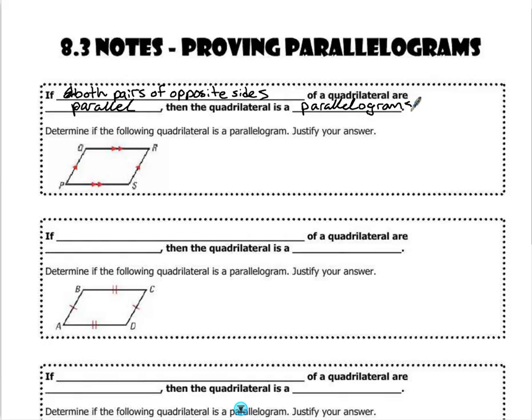Now this is the converse of the original definition of a parallelogram. If a quadrilateral is a parallelogram, then both pairs of opposite sides of that quadrilateral are parallel.